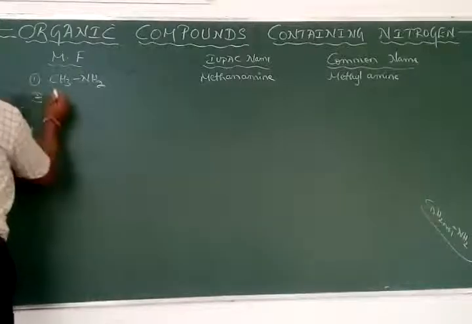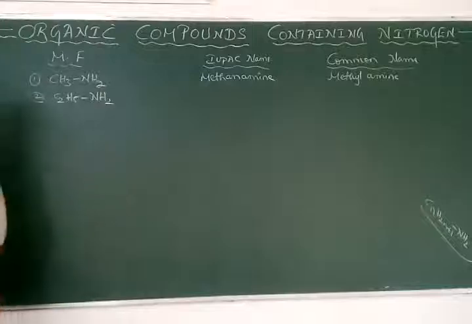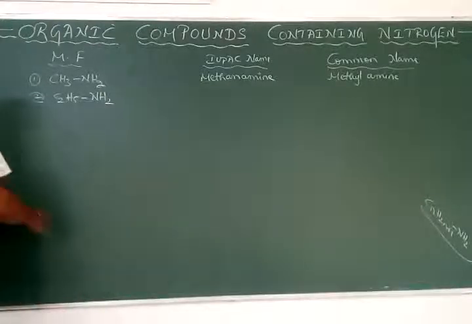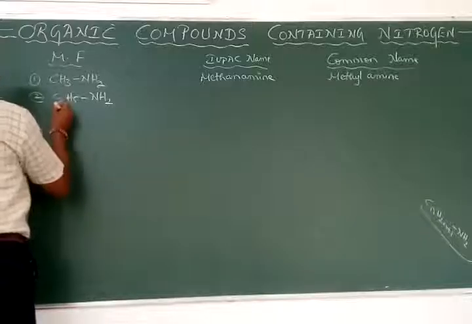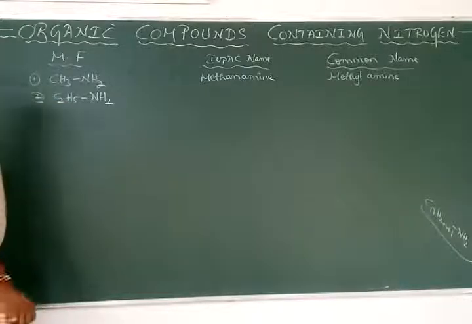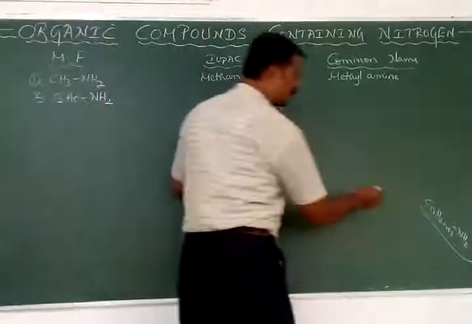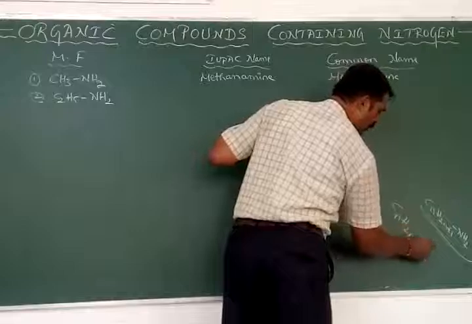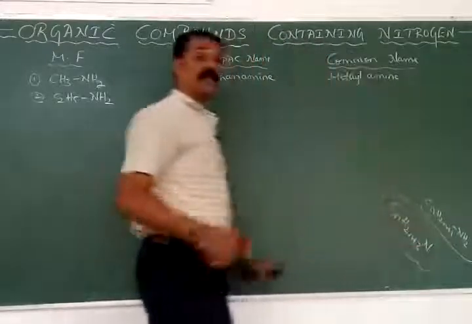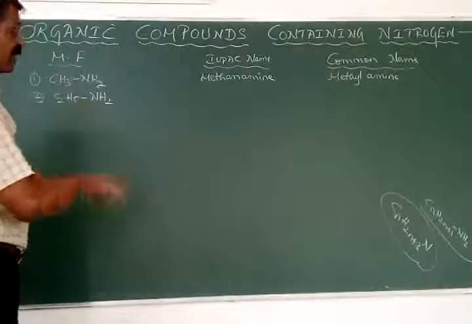So let us have C2H5NH2. Or generally I can mention this as CnH2n+3 N, as it is not restricted only to the primary amines but also to the secondary amines and the tertiary amines.